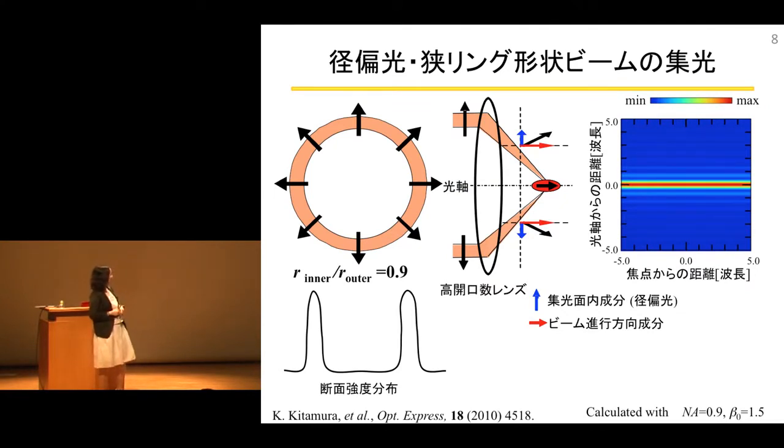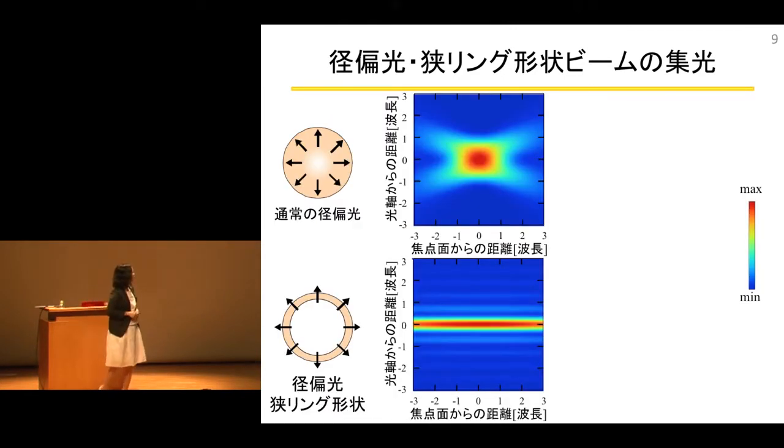So our idea is to suppress the radial component. Then the focal point becomes very small, 0.4 wavelength, so it is less than one wavelength. And if you go apart from the focal point, it can maintain the focus point. So it means it has a very long focal depth.